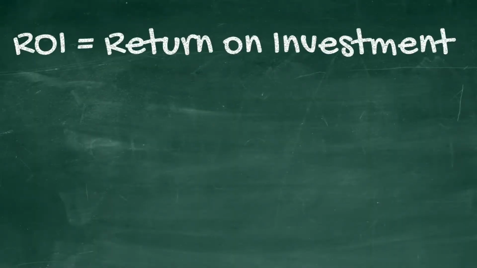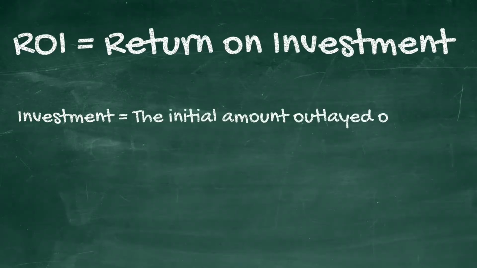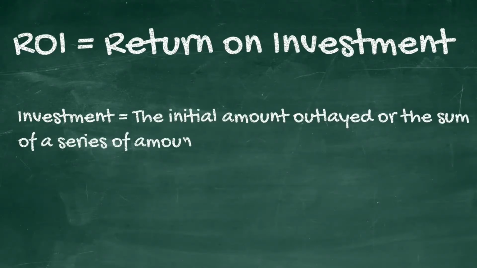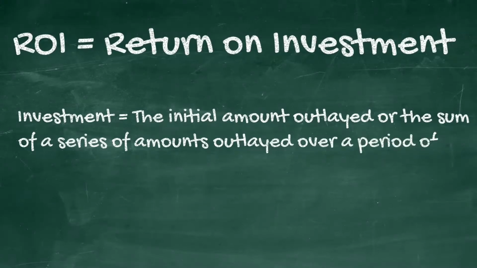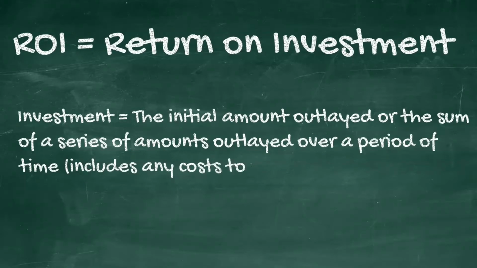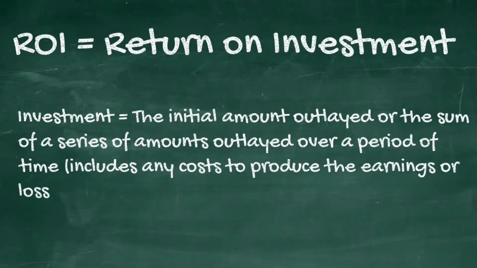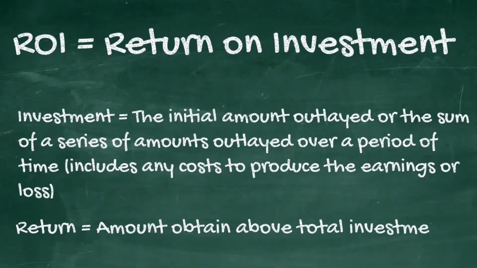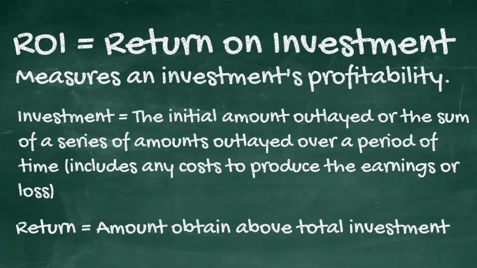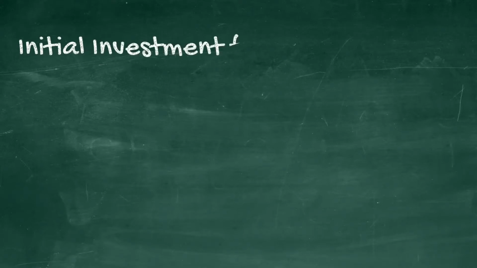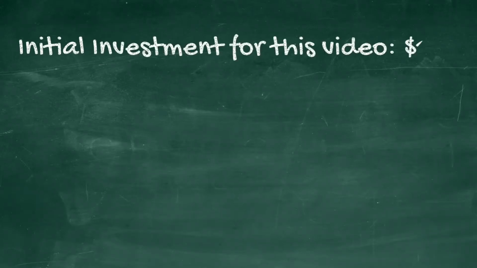All right, ROI, return on investment. Investments equal the initial amount outlaid or the sum of a series of amounts outlaid over a period of time. This includes any cost to produce the earnings or loss. Return is an amount obtained above the total investment, and all of this is to measure the investment's profitability. The initial investment for the purpose of this video is $100.